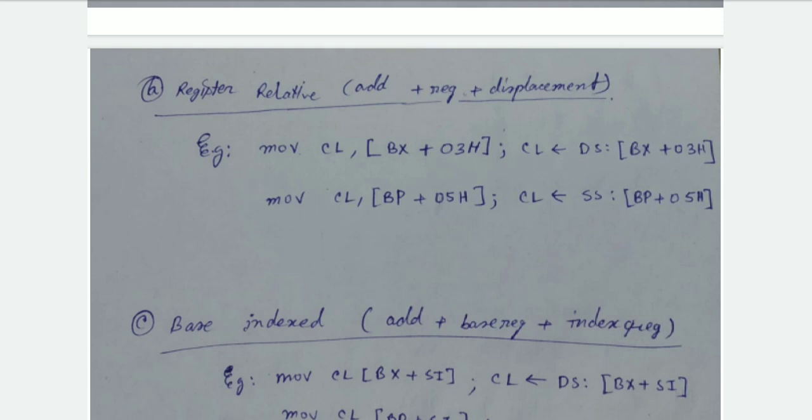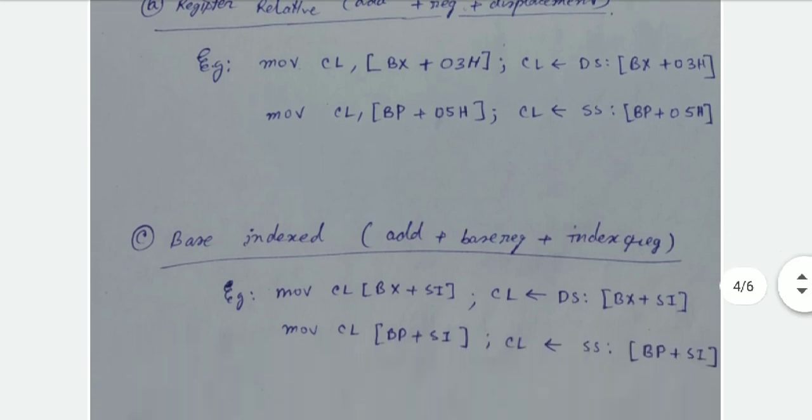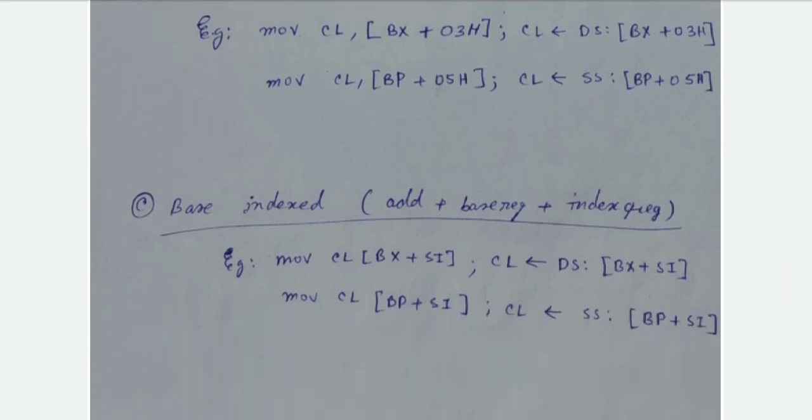Okay, come to the next point, that is base indexed. What does it mean, base indexed? Here we are getting data from base register plus index register. We know that there are two types of index register, that is SI and DI.